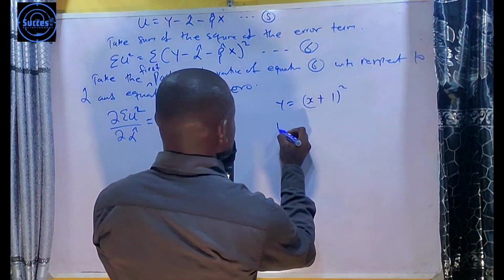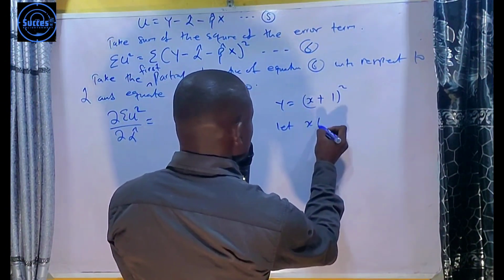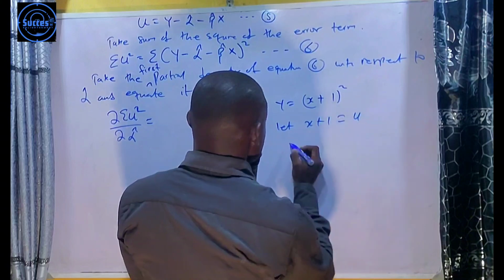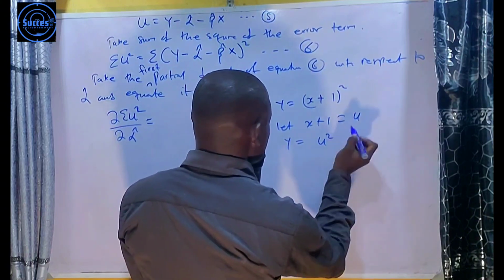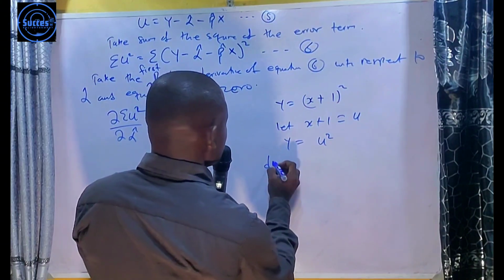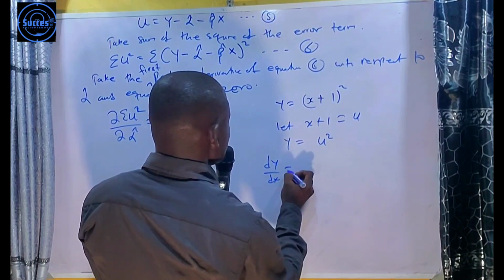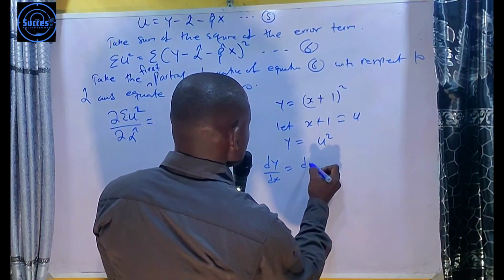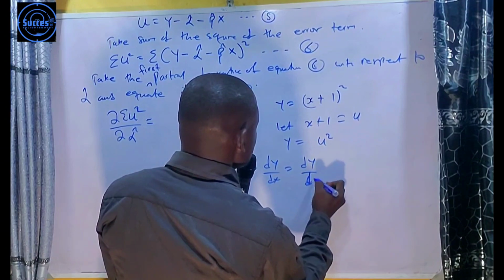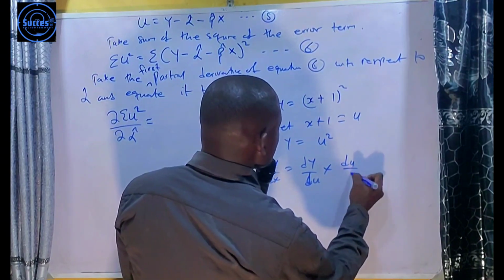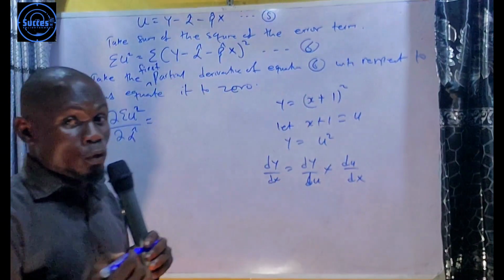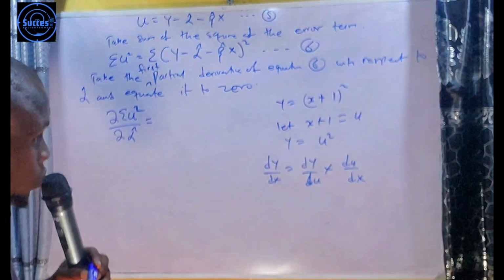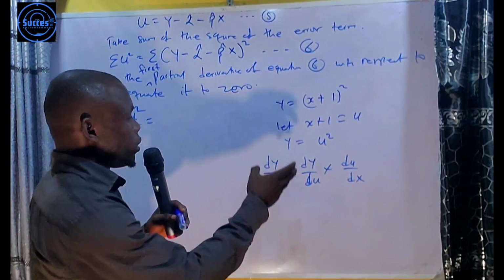All you have to do is let s plus 1 equal u, therefore y equals u squared. So therefore dy/dx equals dy/du times du/dx. That's a function of a function.